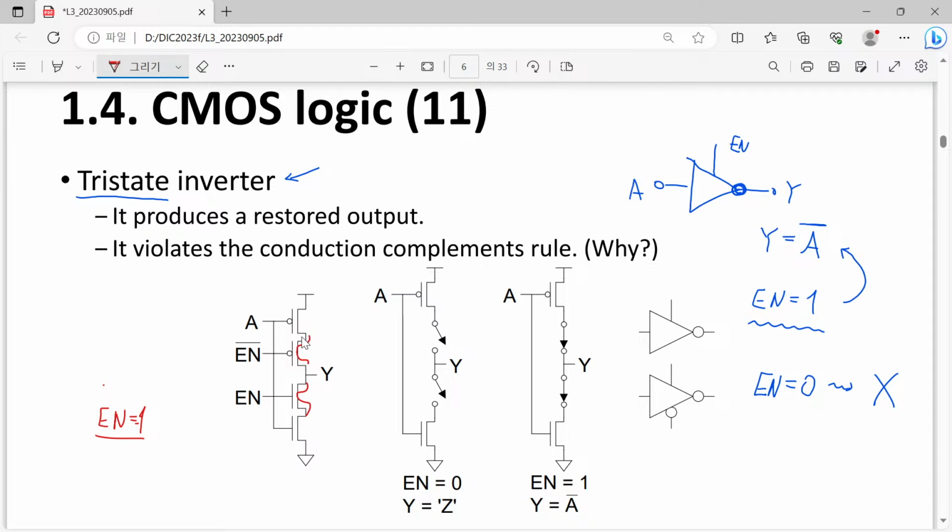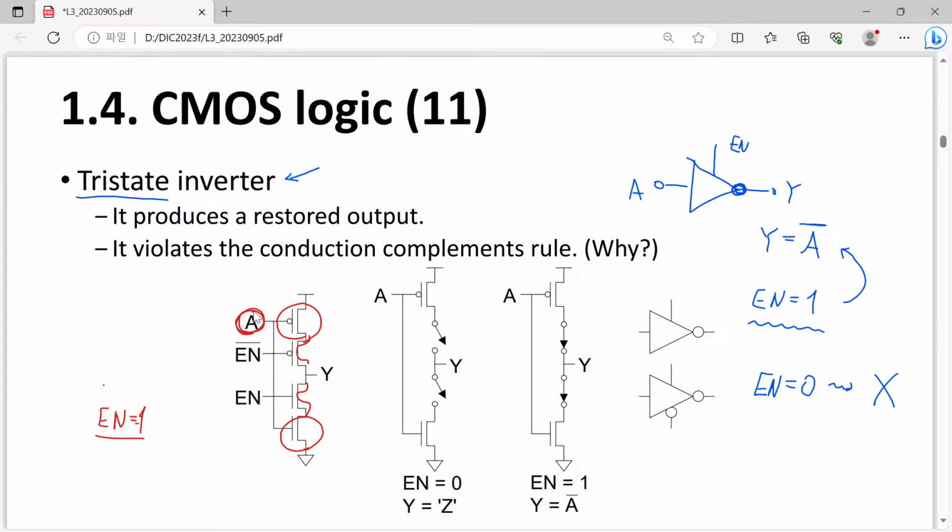Then the only thing remaining is this P MOSFET and this N MOSFET driven by the same input signal. Simply speaking, here we have A, connected to the P MOSFET here, and that is connected to the N MOSFET here, and in between we have just Y. Of course, here we have a P MOSFET and N MOSFET, but they are all turned on, so we can neglect them located here and there.